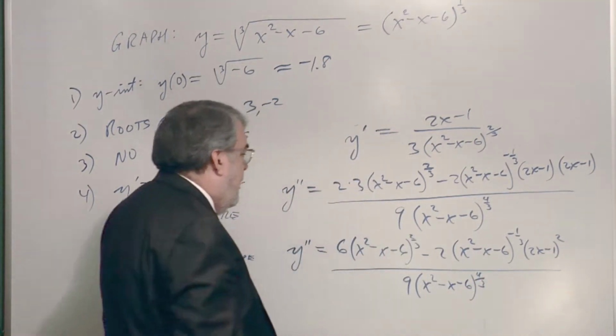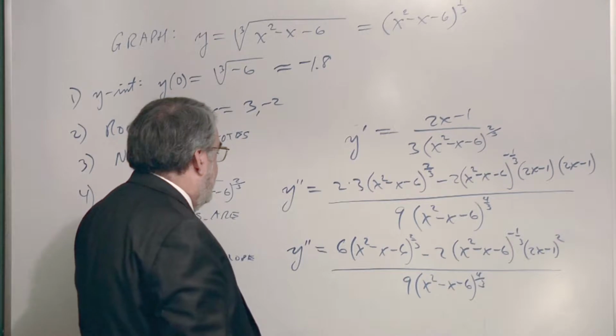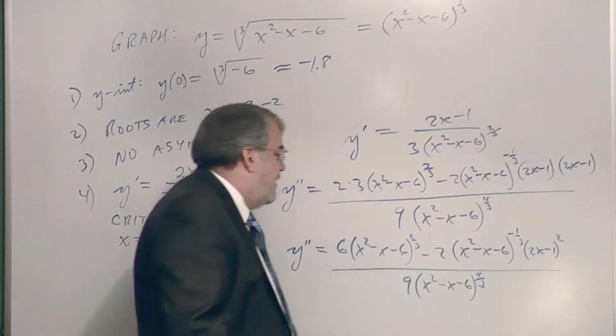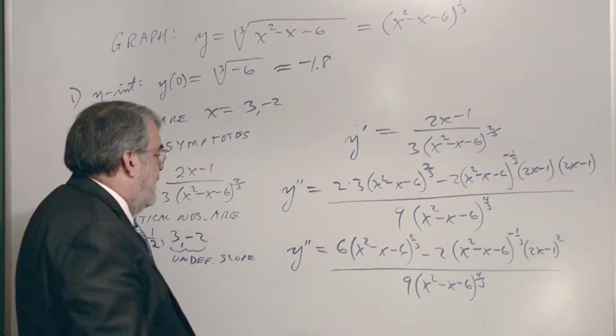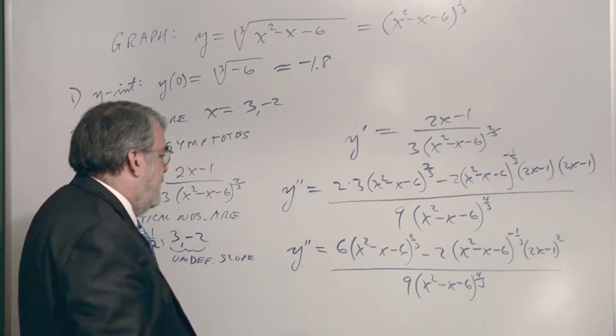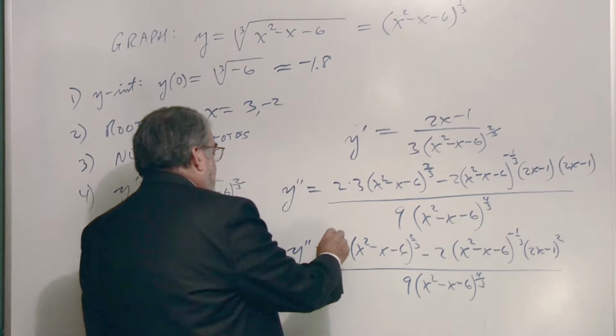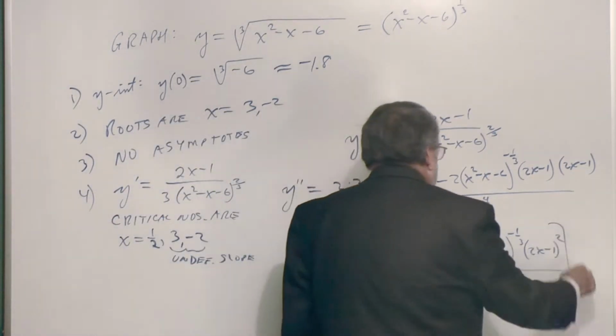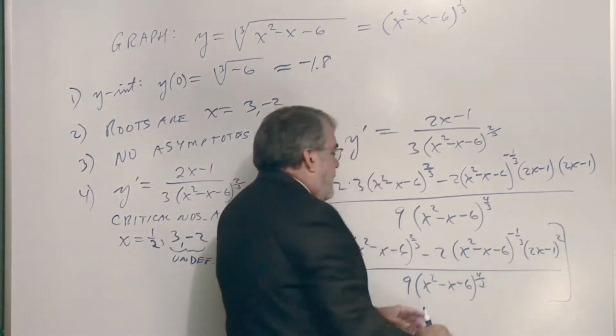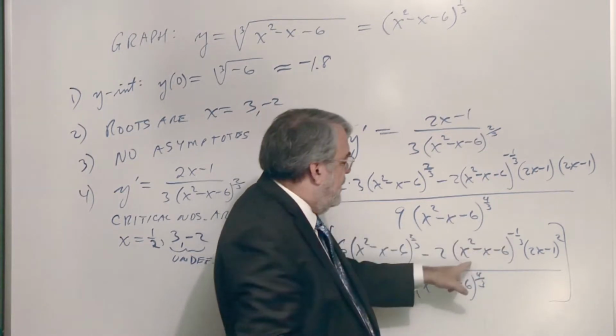Okay, and here's what I want to do, because this cube root stuff makes it look pretty messy. So I'm going to multiply top and bottom by the positive cube root of this term.